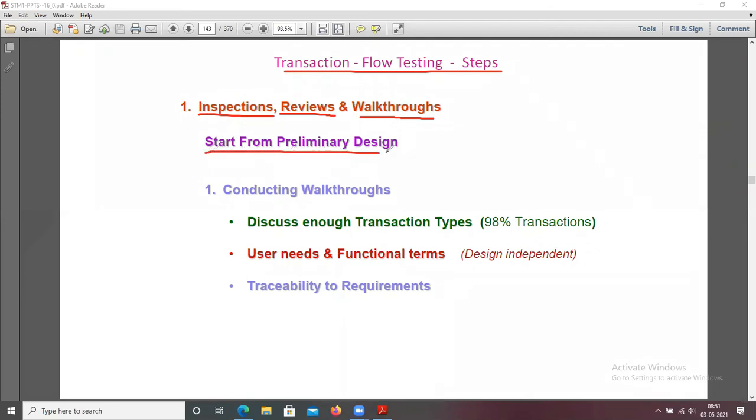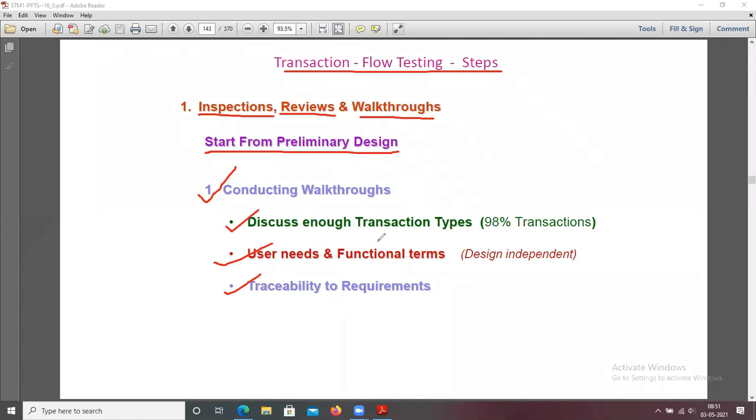Start from preliminary design. The first one is conducting walkthroughs. Discuss enough transaction types, user needs and functional terms, and traceability to requirements.